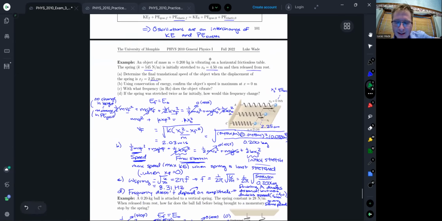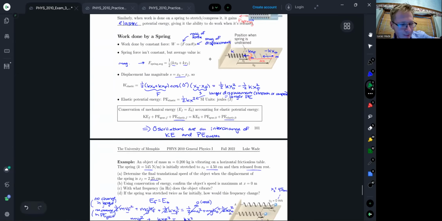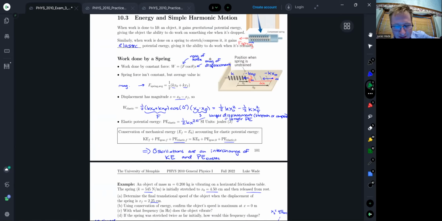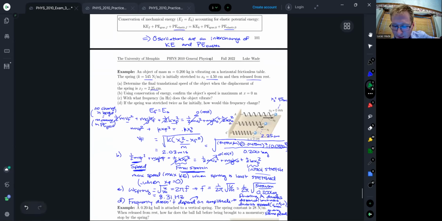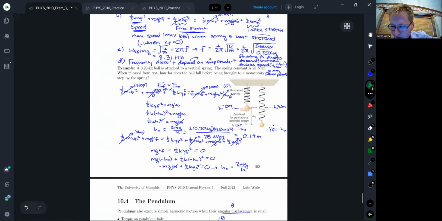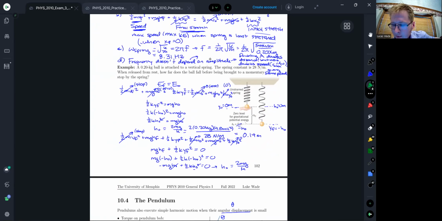I tried to give the easiest possible energy problem that still covers it, because these can get a little bit difficult when you have both, for instance, with this one down here, both gravitational potential energy and elastic potential energy changing because the thing is falling while the spring is also stretching. So I don't have any of that involved.